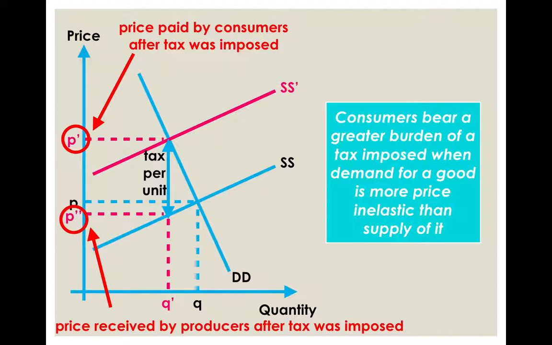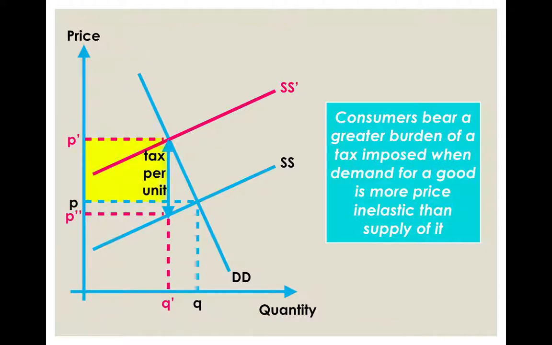Now, for consumers, how do we figure out the total tax burden that they have to bear? We look at the increase in price for consumers from P to P prime multiplied by the new quantity that is being traded in the market after the tax is imposed. The new quantity traded is now Q prime, which means that for consumers, the burden of the tax that they have to bear must be equivalent to the yellow rectangle.